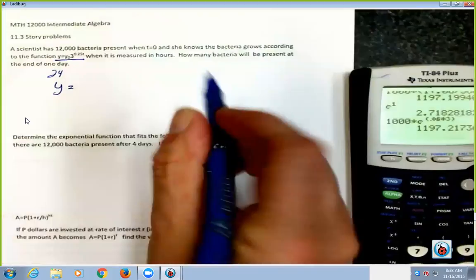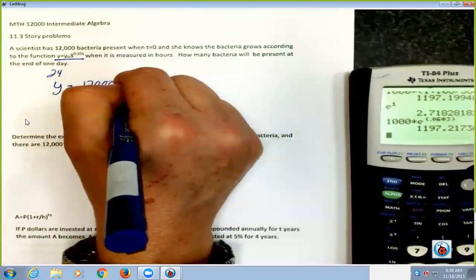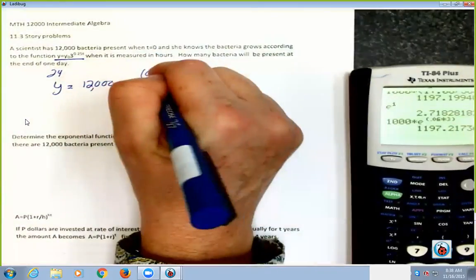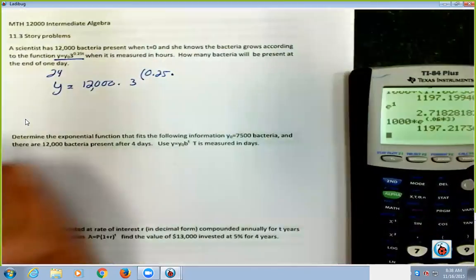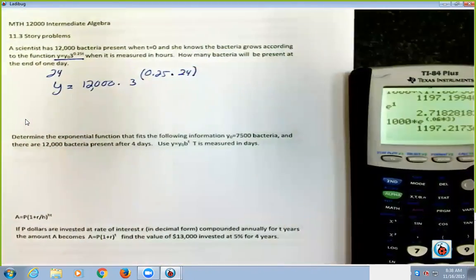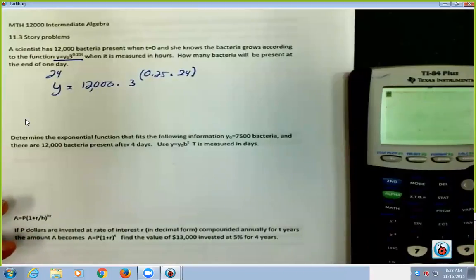So y equals her beginning bacteria times 3 raised to the 0.25 times t, and t is 24. And you just simply plug it on your calculator and away you go. So you'll probably see a whole bunch of these on your test. That would probably be your best thing there. So put it in.